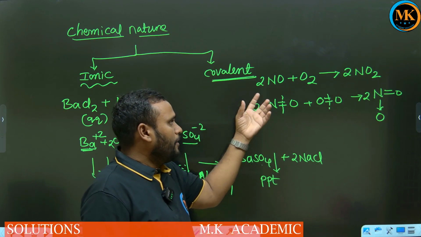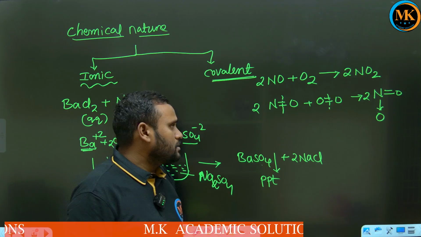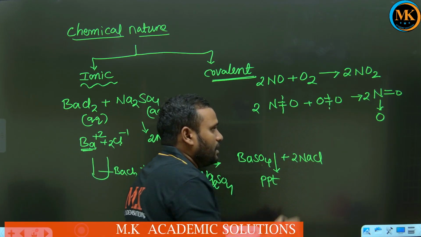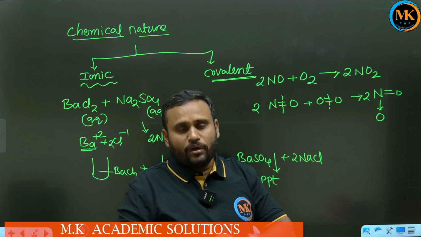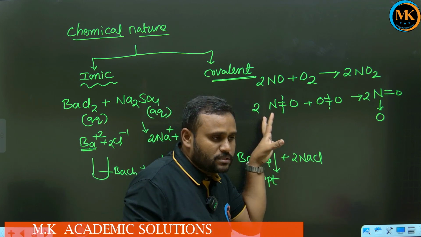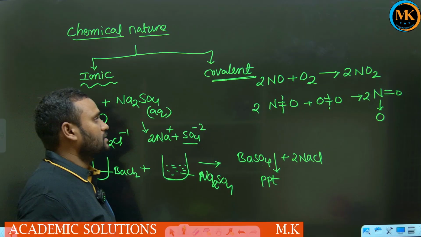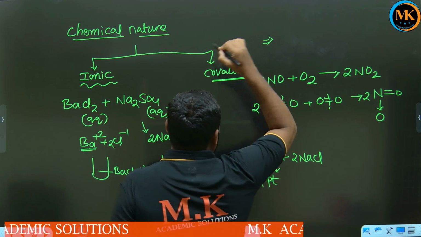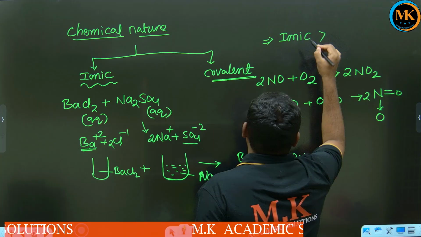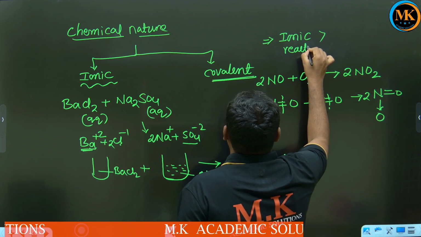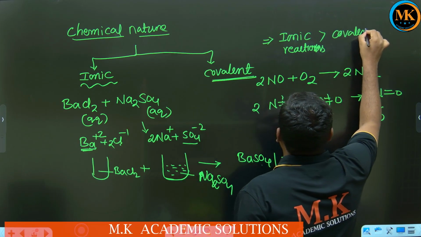Means in case of covalent reactions, the time taken is more. Why? Because here bond breaking is there and bond making is also there. For this process, some time is taken. That's why covalent reactions are slow reactions, whereas ionic reactions are very fast reactions. So here we can write: ionic reactions are fast when compared to covalent reactions.